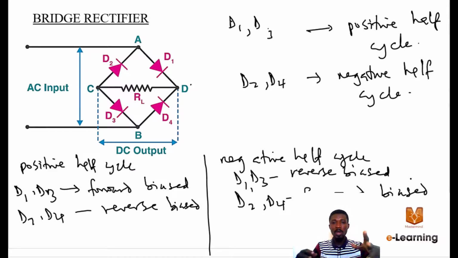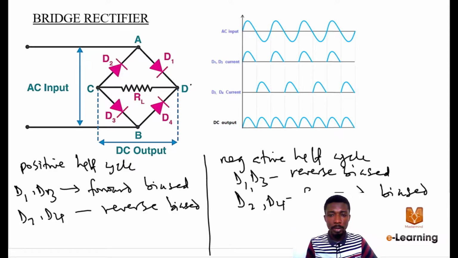Now, what will a waveform of this look like? This is a typical waveform of the bridge rectifier. This is our input AC. Remember we said in the positive half cycle, D1 and D3 are forward biased, so current flows. D2 and D4 will produce no current in this positive half cycle.